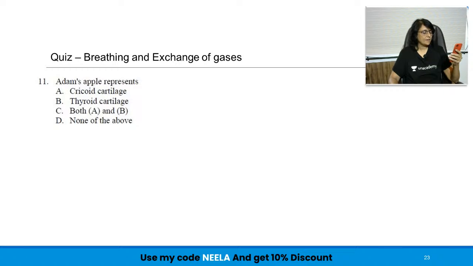Suchitra, Zara, Reena, Kavipriya, Ayush, they're all saying it is B. Anju is saying it is C. Madhu is saying it is B. This question is again on larynx.